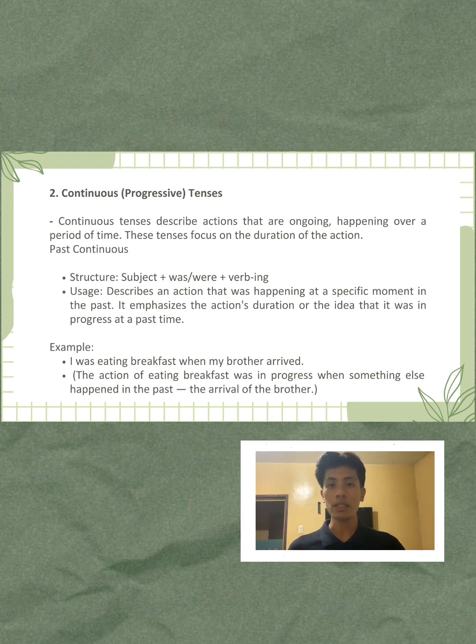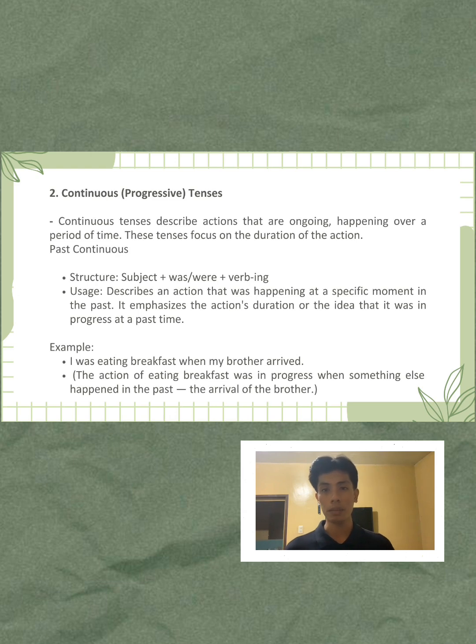In its past continuous form, the structure is subject plus the auxiliary verb was or were plus verb-ing. What is its usage? This describes an action that was happening at a specific moment in the past. It emphasizes the action's duration, or the idea that it was in progress at a past time.